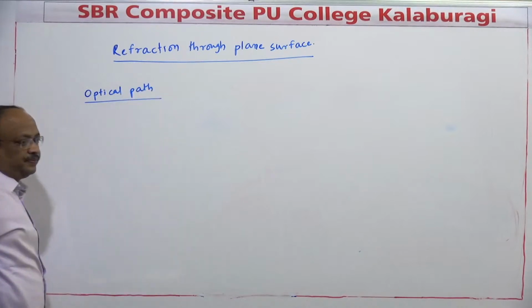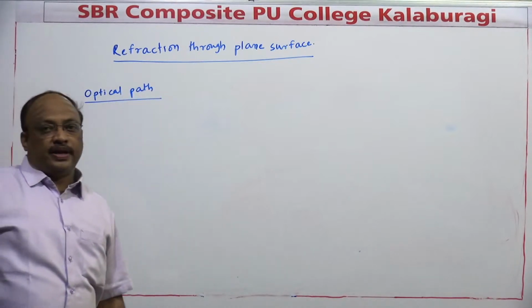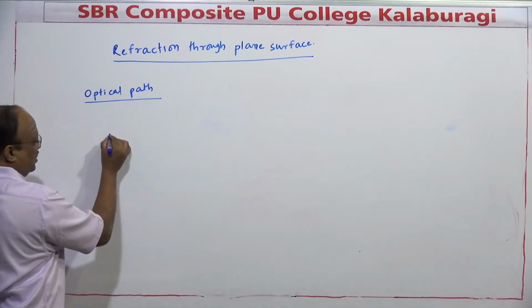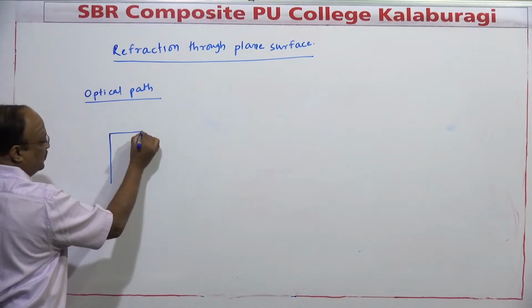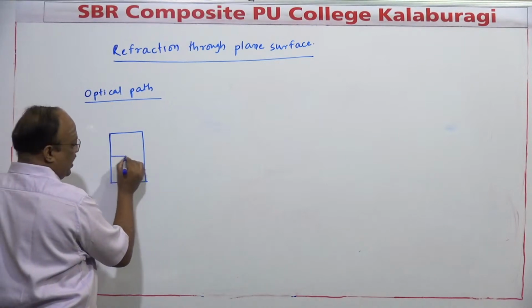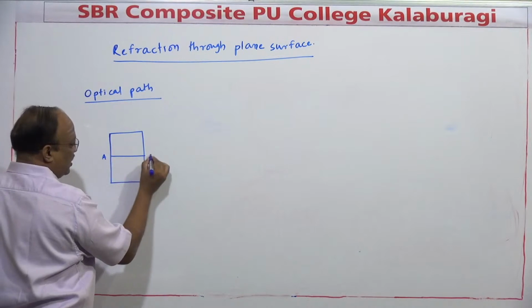Optical path. We have already discussed it, so once again I will just revise it. A ray of light is traveling in the medium a distance AB.